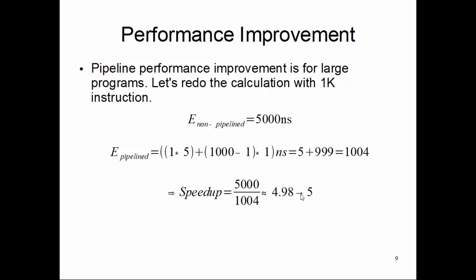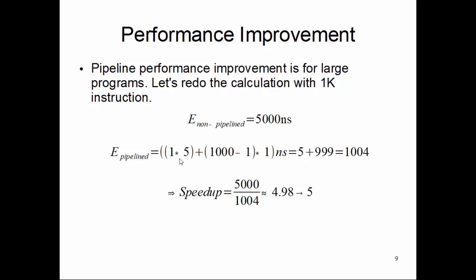So if we start increasing the number of instructions from 1K to 1 million to 1 billion, we will keep getting closer to 5. However, we will never be able to reach it, because the first instruction will always take 5 cycles, the extra 4 cycles there.